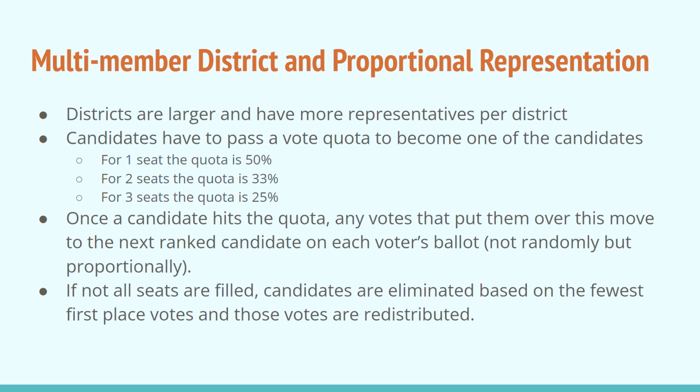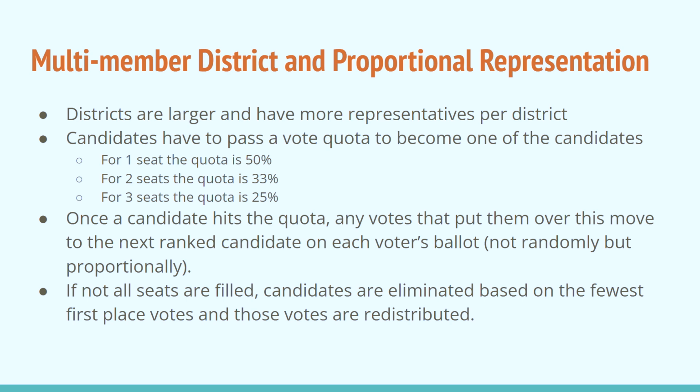So if you just have 1 seat, the quota is 50%. This is very similar to ranked choice voting, except you have multiple seats. In ranked choice voting, you have 1 seat that you're going for, and you have to get more than 50%. If you have 2 seats, the quota is 33%, so you have to get more than 33% of the vote. If you have 3 seats, the quota is 25%. 4 seats, and it goes down and so on.